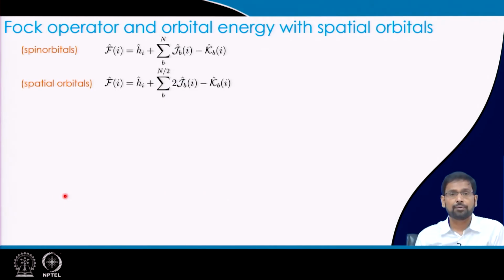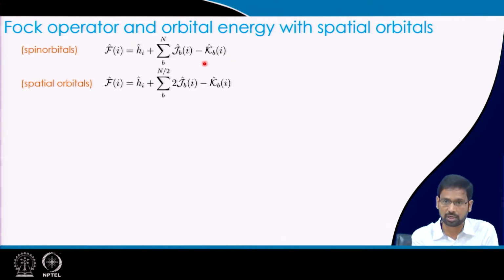Now, while we are solving the Hartree-Fock problem, we essentially solve the differential equation corresponding to the Fock operator. So, let us write down the Fock operator in terms of spin orbitals. This we have already seen: the Fock operator corresponding to one electron has its one-electron term, the core Hamiltonian, plus the Coulomb and exchange operators.